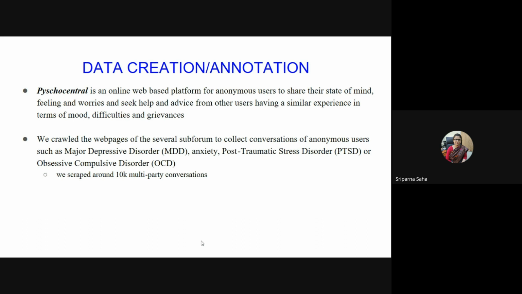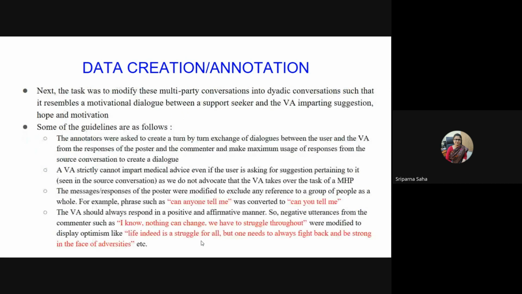We crawled some data from each subforum, and overall we crawled around 10K multi-party conversations.